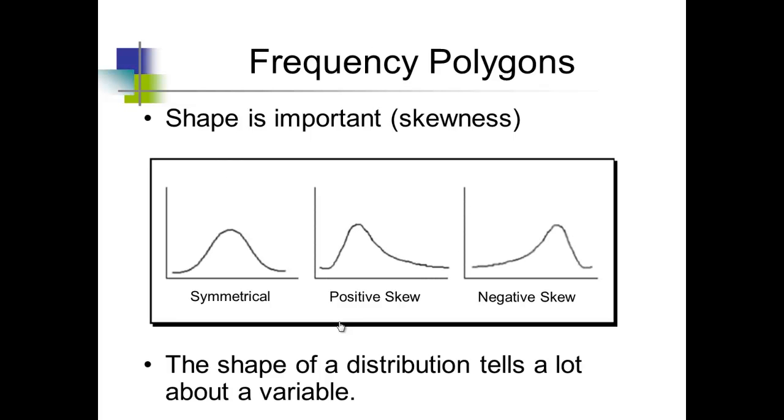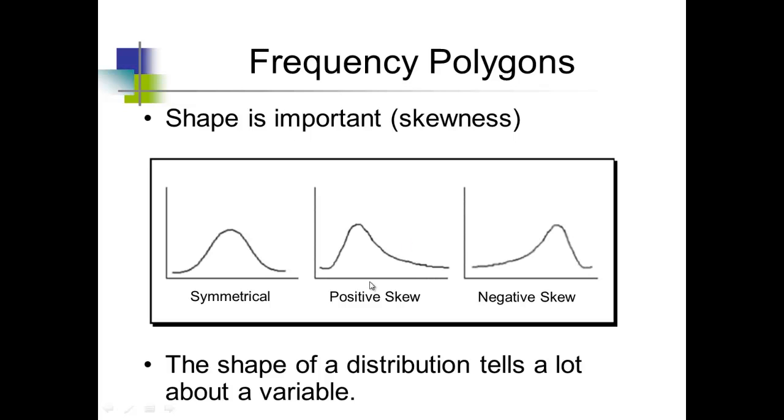All right, so moving on to distribution. Sometimes we care to display distributions as polygons, which are basically line graphs, and their shape tells us a lot about a variable. Symmetrical distributions have the mean as the very center, and an equal number of observations below the mean as above the mean.